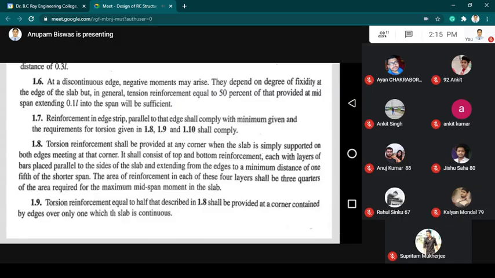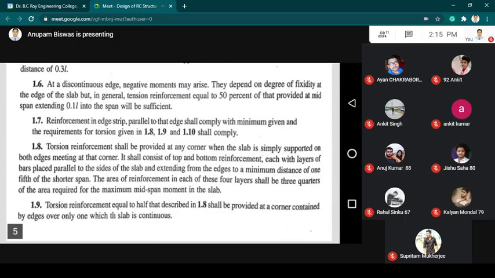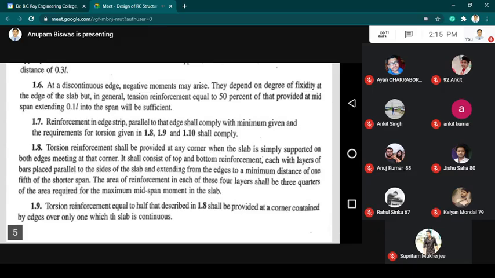So this reinforcement consists of two layers, top and bottom, placed parallel to the sides of the slab and extended from the edges to a distance of 1/5 of the shorter span.